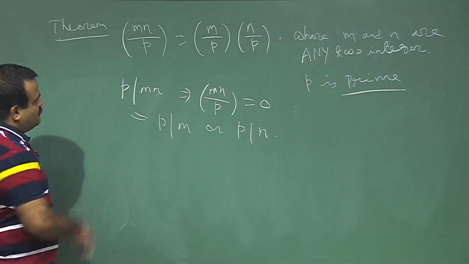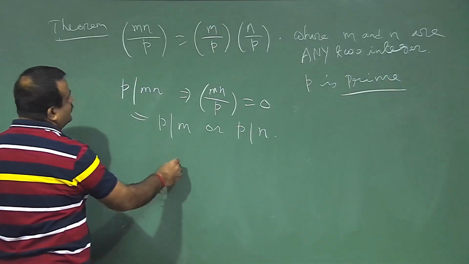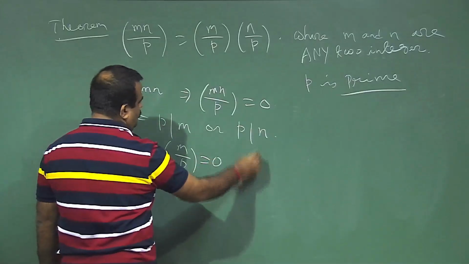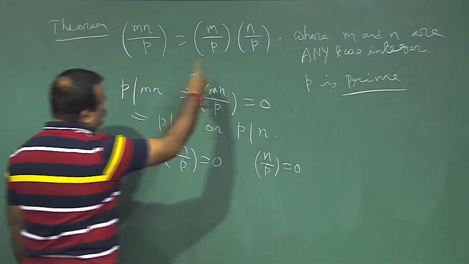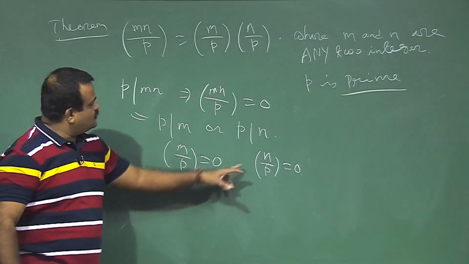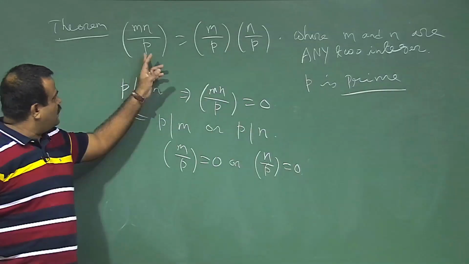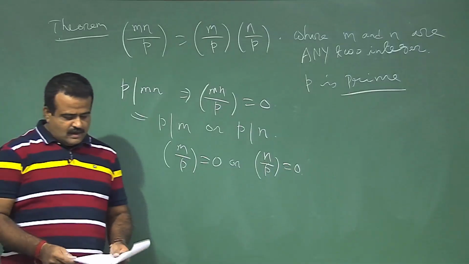So, if p divides m, this is 0, or if p divides n, this is 0. In any case, either of these two is 0, so this product is 0 and we have this 0. So, this is the case when p divides mn.